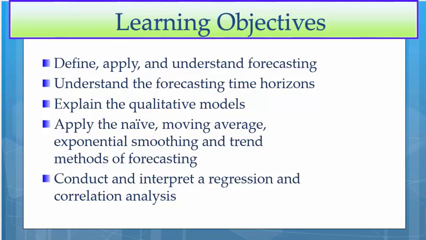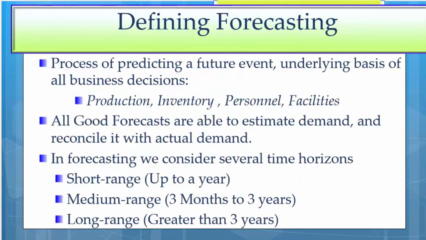The first thing we want to do here is define a forecast. So basically, a forecast is just this idea of predicting some future event based on something that had happened in the past. We use forecasts for all kinds of things. I've just listed here production, inventory, personnel, facilities, but the list is endless.